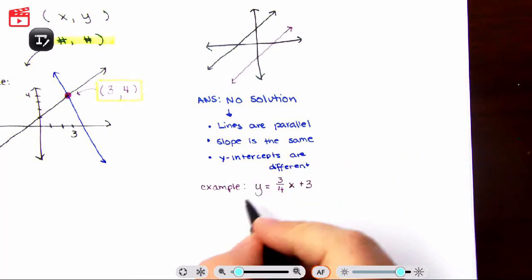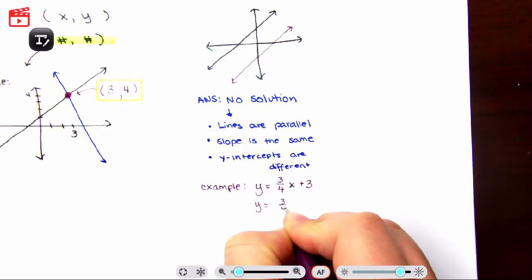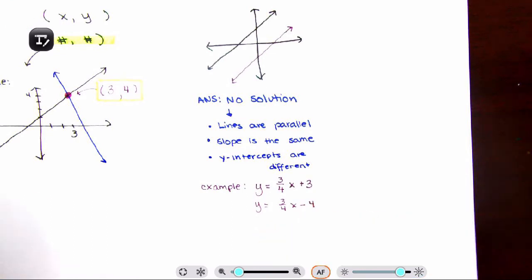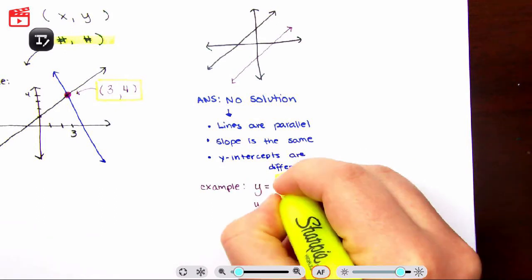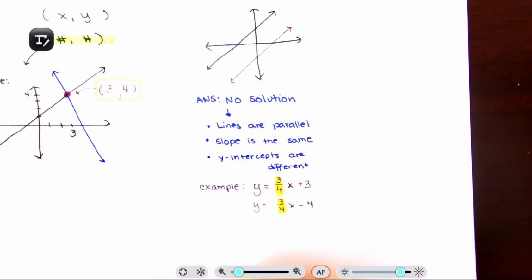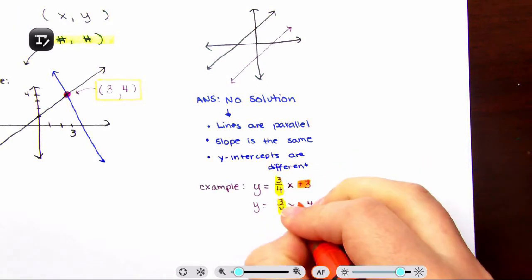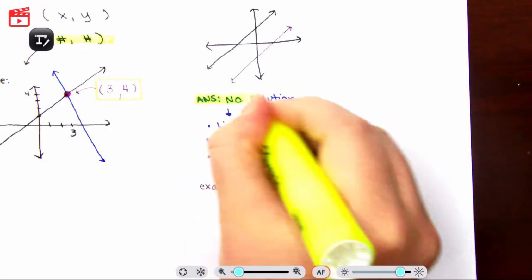And then let's do another one: y equals 3/4 x minus 4. That means the slope would be the same and the y-intercept would be different. And that's when you would have the answer of no solution.